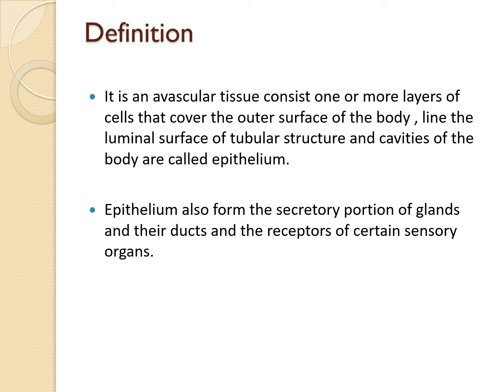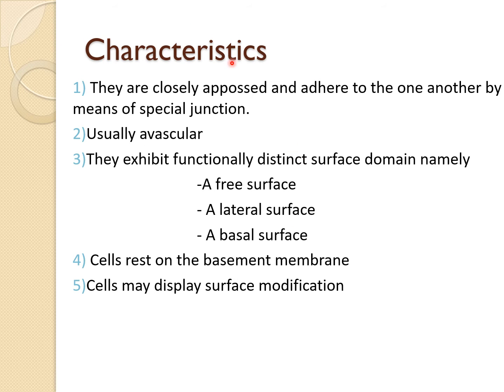So what are the general features or characteristics? They are closely opposed and adherent to one another by means of special junctions. There is very little intercellular space. It is usually avascular, and nourishment is by diffusion from the adjacent supporting tissue.